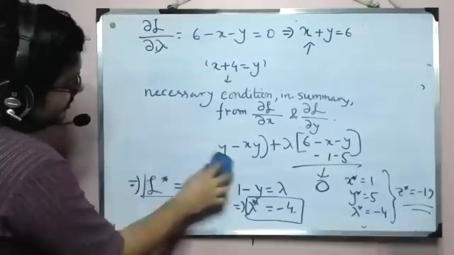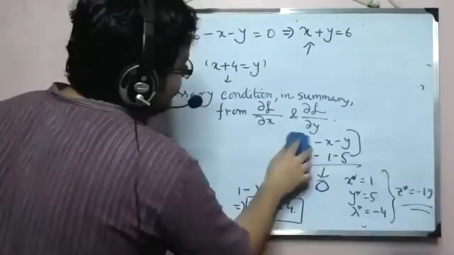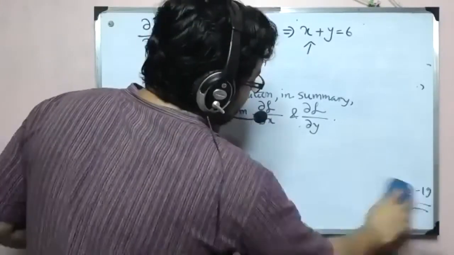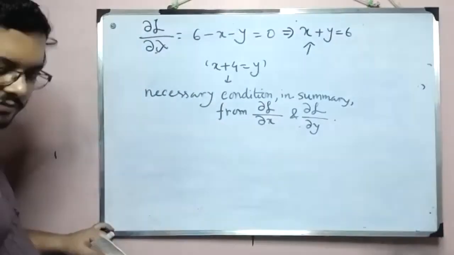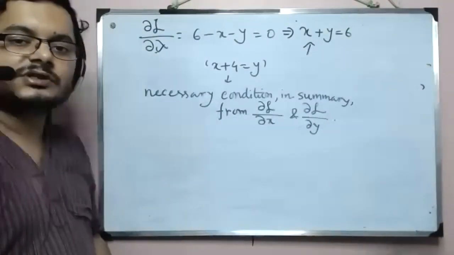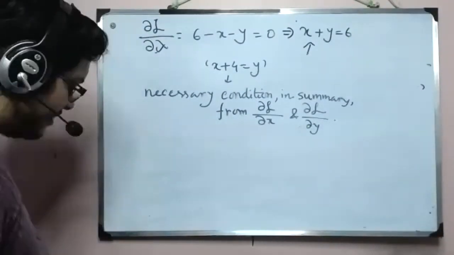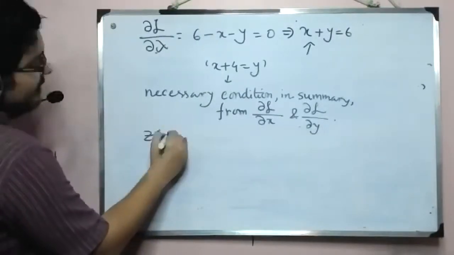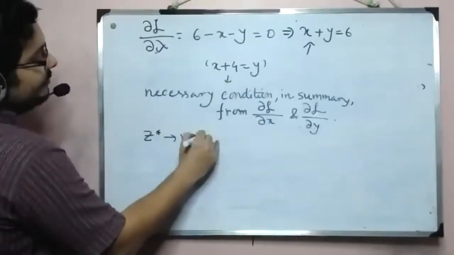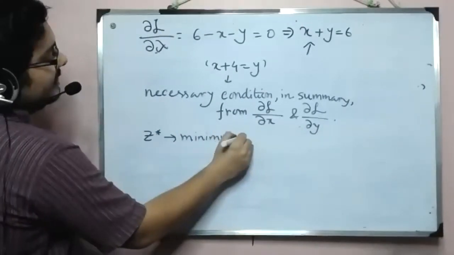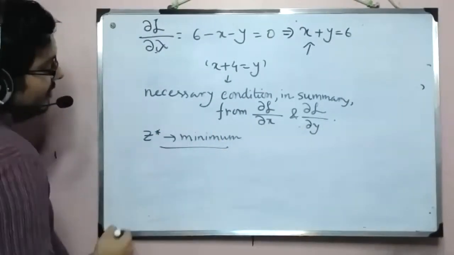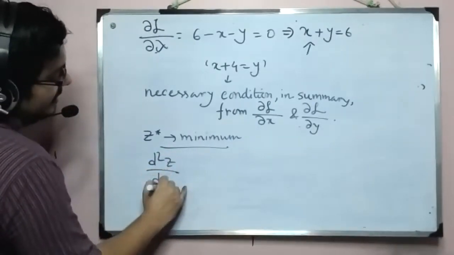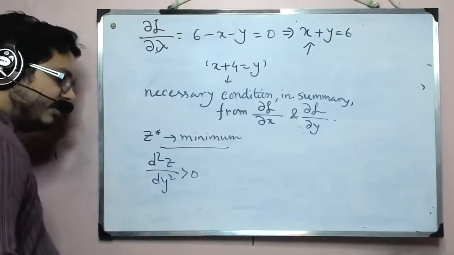Now from the first approach, that is when you use substitution, we know that this z star is a minimum. From the first method we have known it because we found d2z dy2 to be positive.